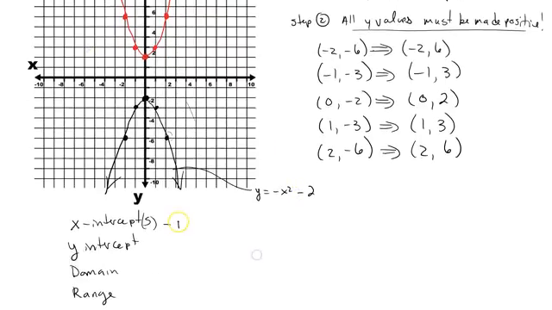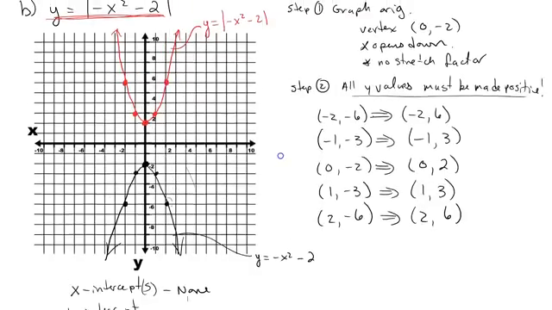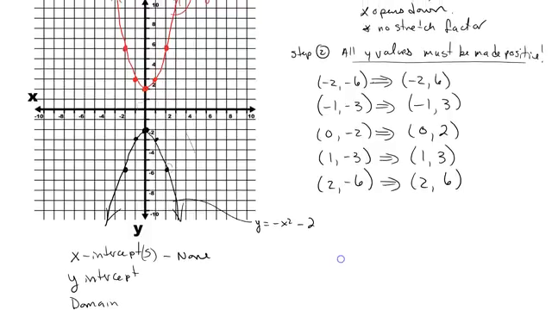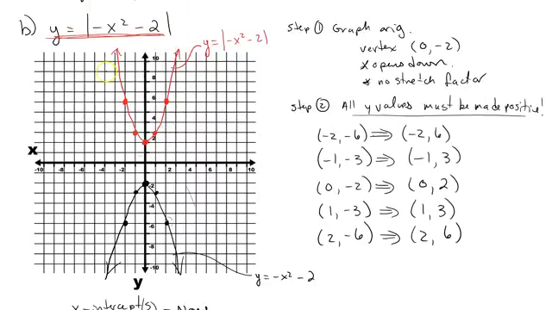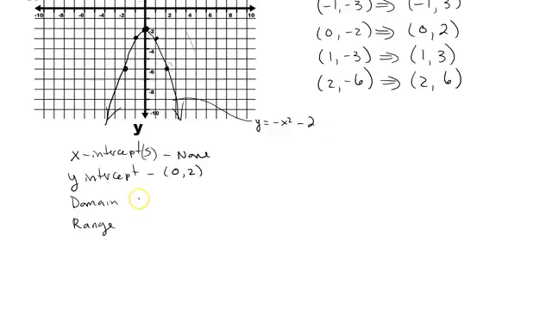So we would just say no, none. That's because it doesn't touch the x-axis at all. The y-intercept here is going to be at 0, 2. The domain for this thing, it extends into infinity in both directions. So we can say that x is an element of the reals.